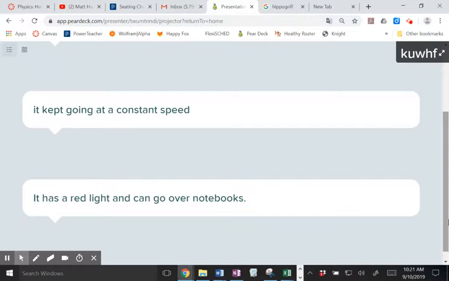So here's the next question for you: what can we measure? Now this is the important word. What can we measure directly? Okay? So what I mean by that is not calculate.